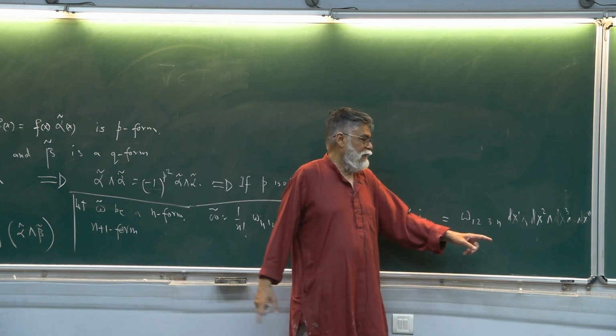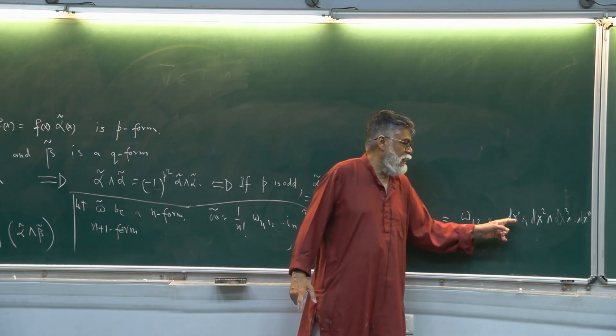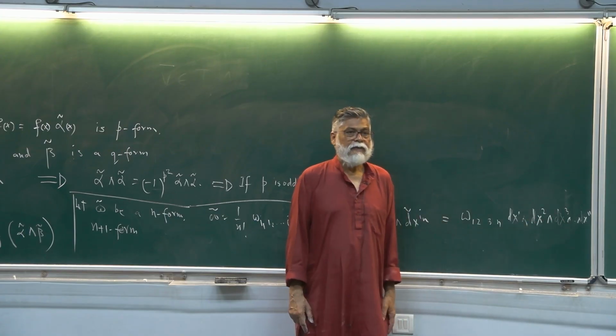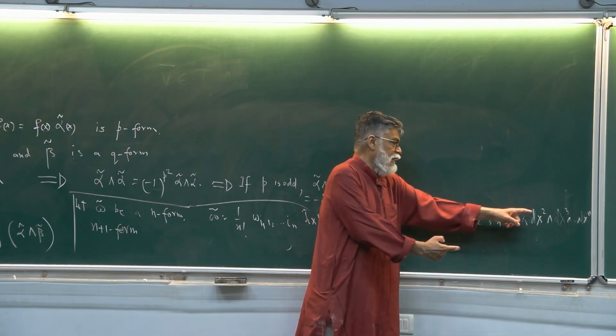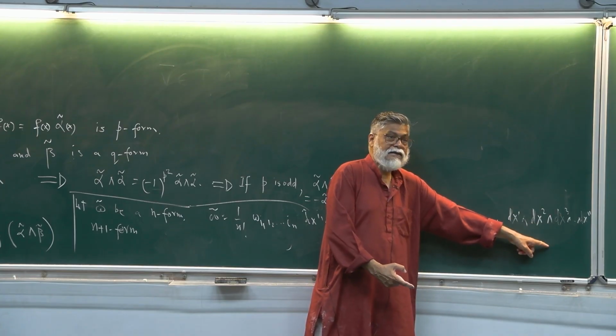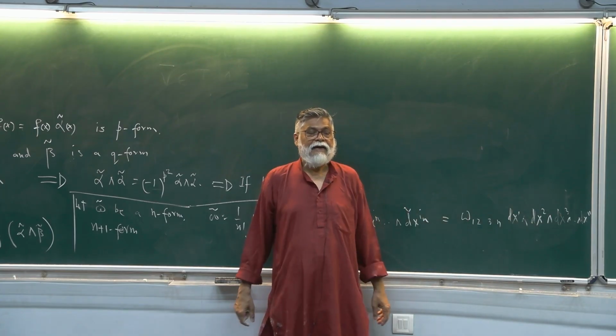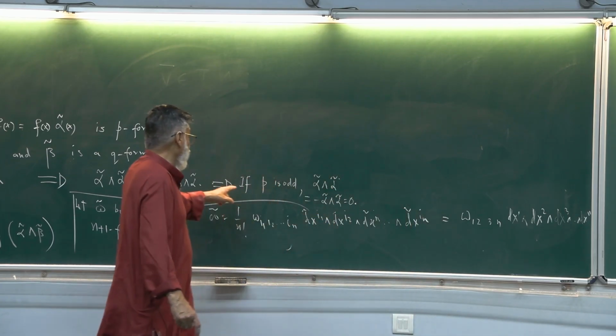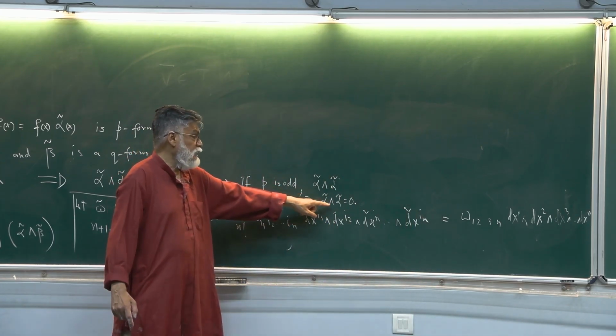I hope that is clear. What does it mean? Supposing I take dx1, dx2, up to dxn, and I wedge it with dx3. But this term is 0 because there's a dx3 here, and there's another dx3 here. The antisymmetry itself is telling me 0. Why? Because of this general result that if p is odd, this is 0.